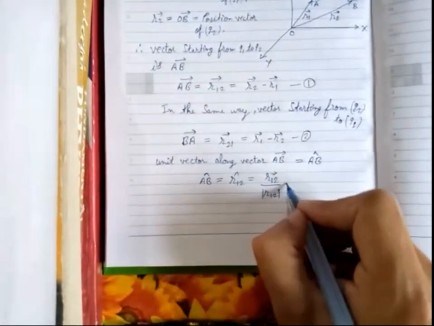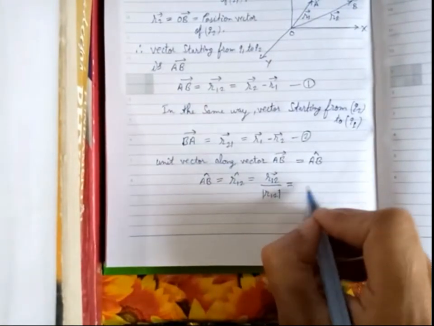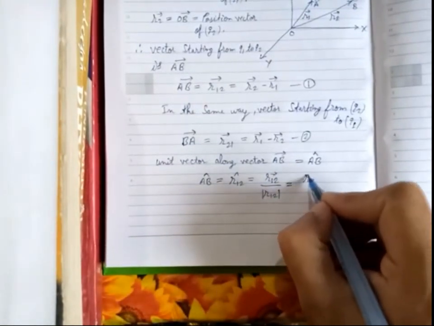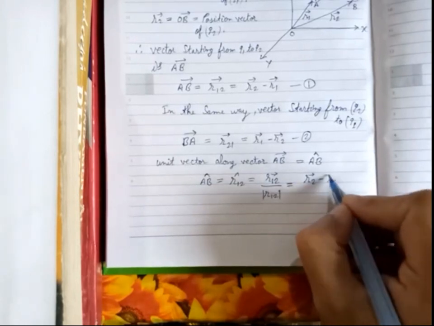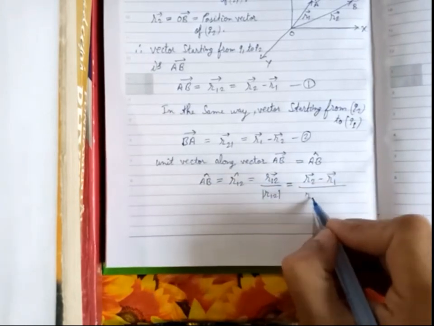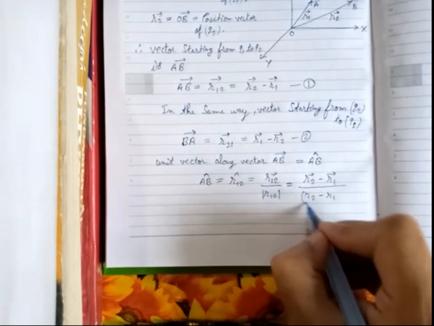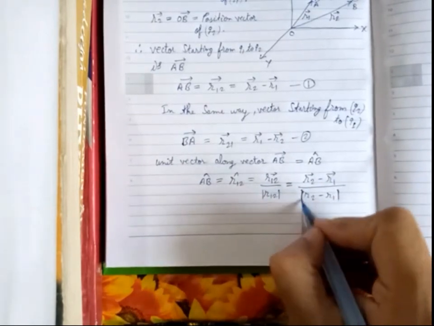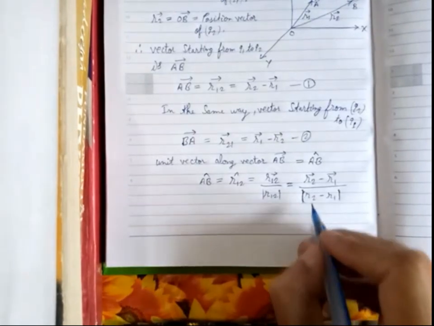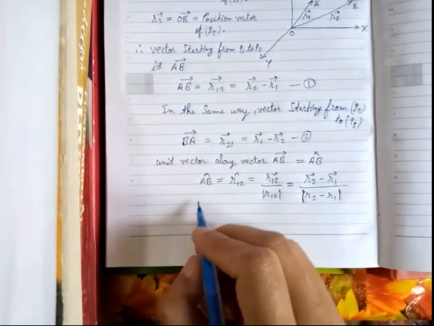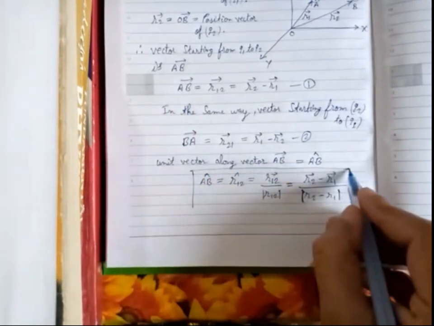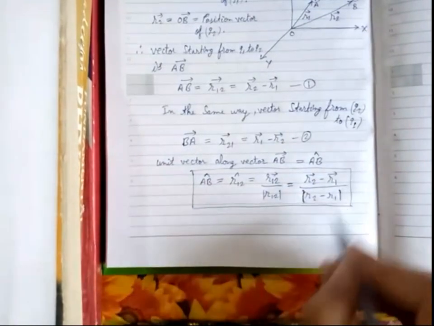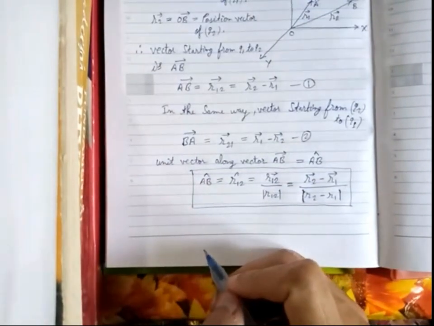So a unit vector is always represented in this term, that is r2 vector minus r1 vector upon its mod value, mod of r2 minus r1. This is the representation of a unit vector along AB.